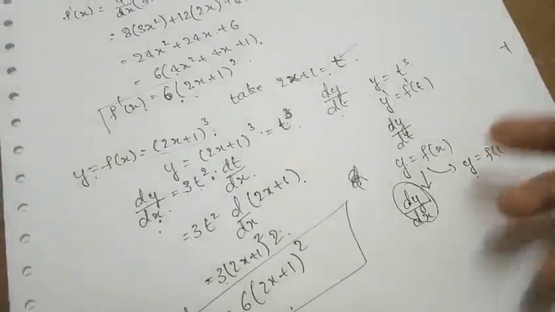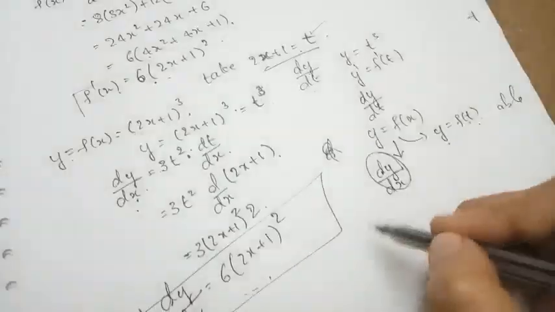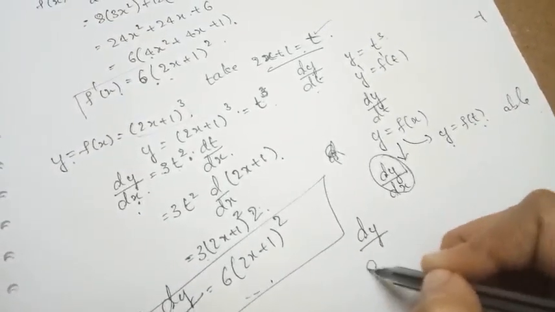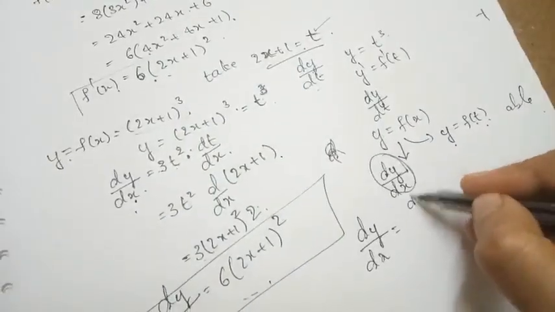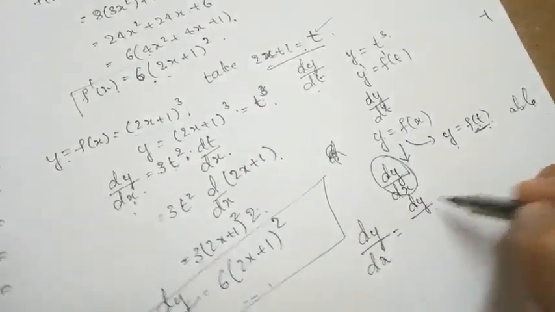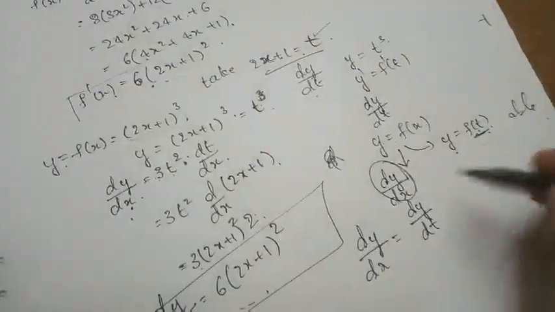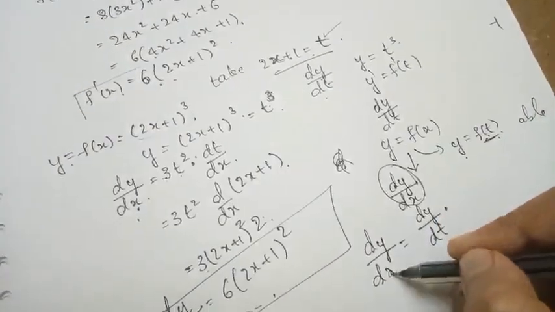Suppose in the beginning, after taking one substitution, it is in the form of y is equal to f of t. To get dy by dx, first you differentiate that function with respect to the new variable, t, but you require the differentiation of y with respect to x.